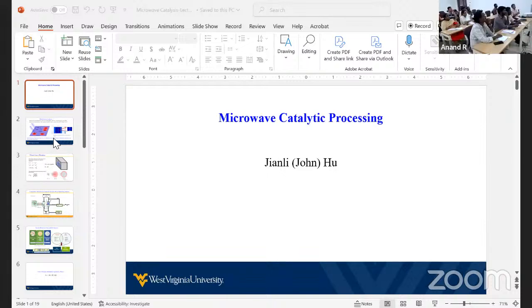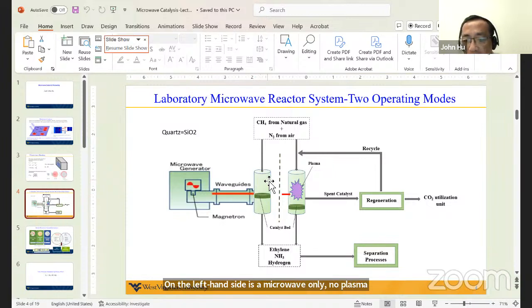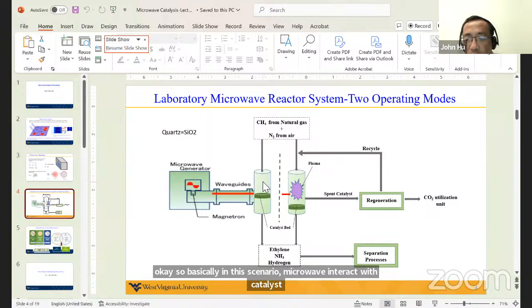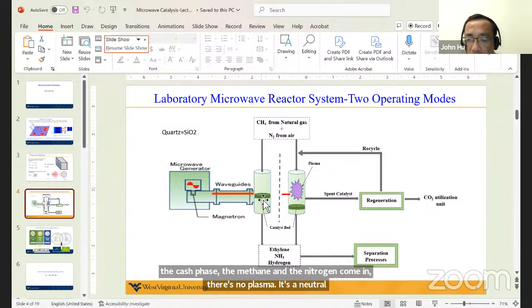If you look at this diagram, there are two scenarios. I use a so-called two-mode operation. On the left-hand side, it's microwave only, no plasma. In this scenario, microwave interacts with the catalyst in the gas phase. The methane and nitrogen come in, there's no plasma. They are neutral, stable molecules that then interact with the catalyst.